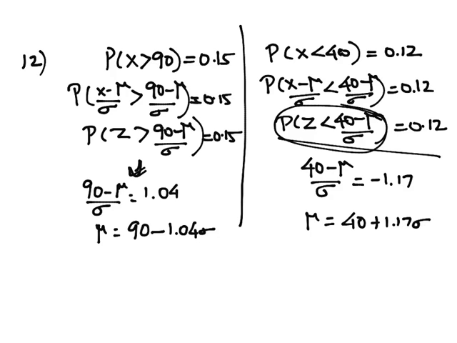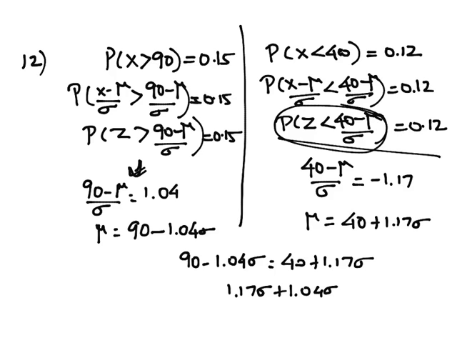If you simplify this, you can equate both, so you get 90 minus 1.04 sigma equal to 40 plus 1.17 sigma, which means 1.17 sigma plus 1.04 sigma equal to 90 minus 40.